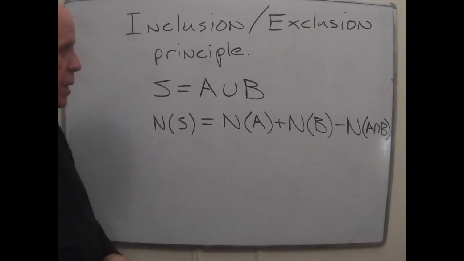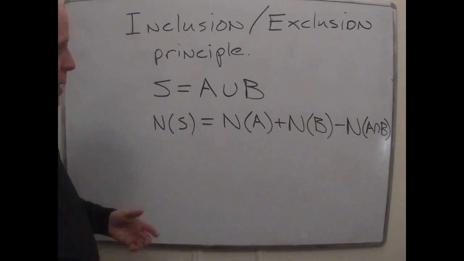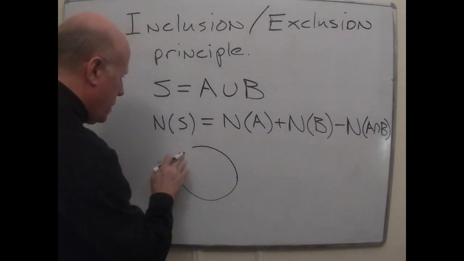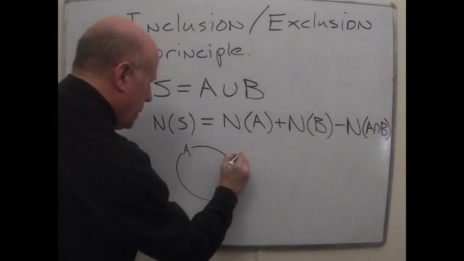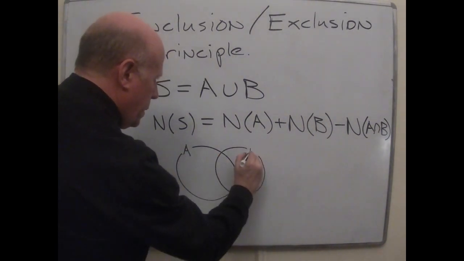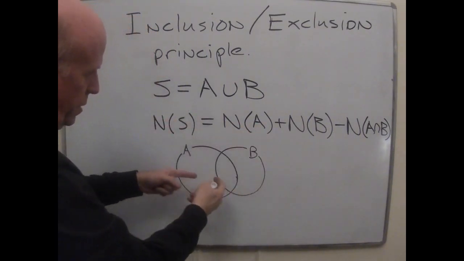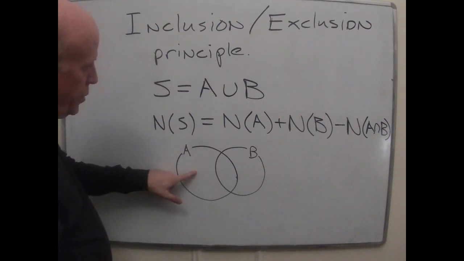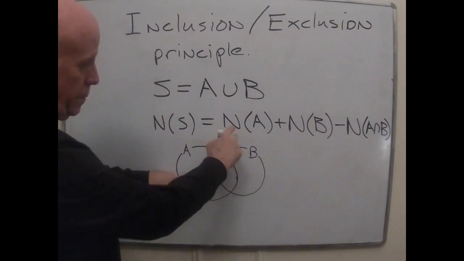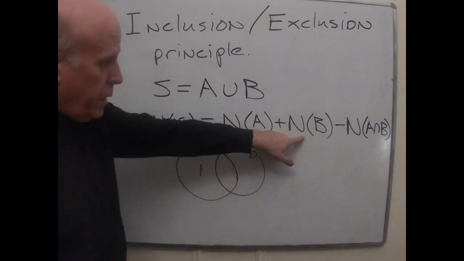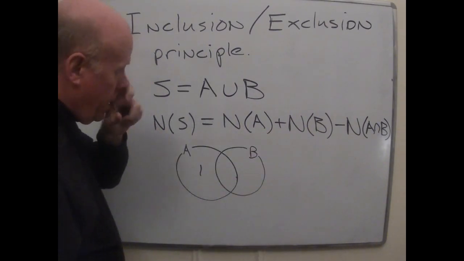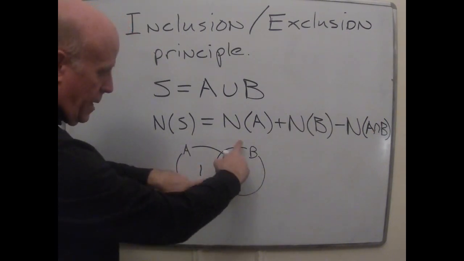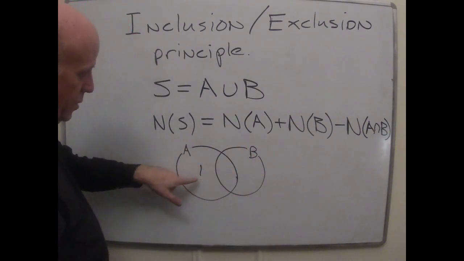So think about how many times an element gets counted. I think it might help to think about a Venn diagram here. Here's set A. Here's set B. The union is everything that's in either of these circles. If I'm in this region, then I get counted by that term once. I'm not going to get counted by B, since B is everything inside that circle.